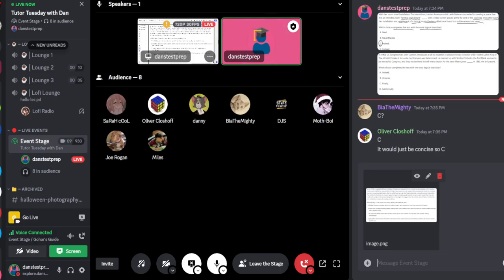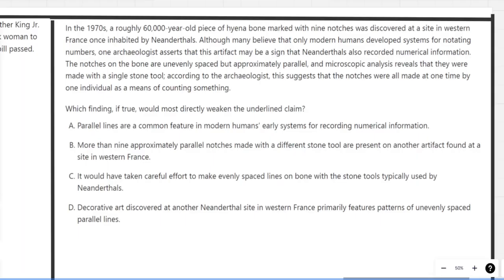Here's maybe a slightly harder reading question. Might actually have to do some logical reasoning here. So it's asking which finding, if true, would most directly weaken the underlined claim. Okay, I don't see any underlines, but maybe it doesn't mean literally underlined.